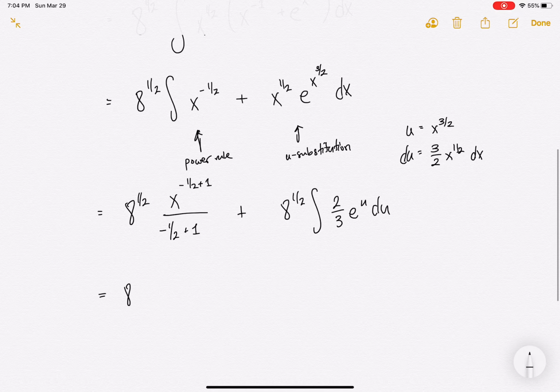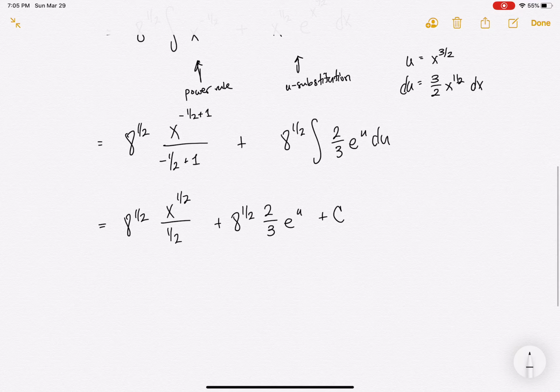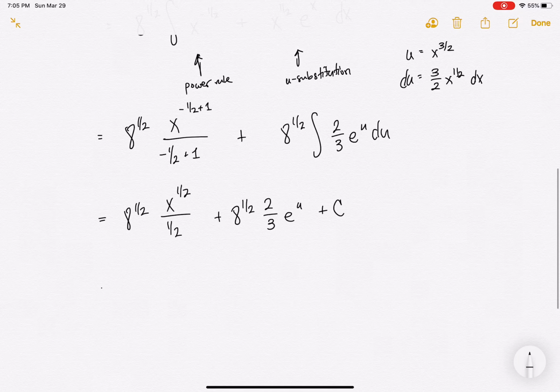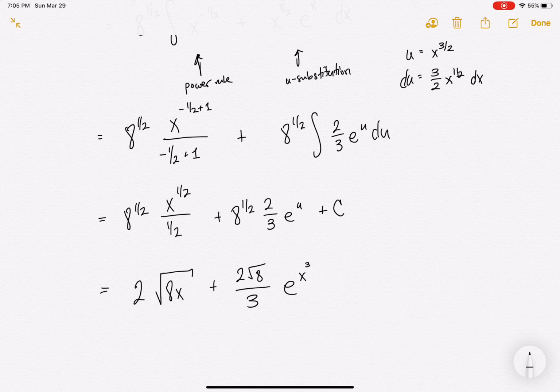So this simplifies to 8 to the 1/2 x to the 1/2 divided by 1/2, plus 8 to the 1/2 2/3 e to the u plus c, and I can substitute u back in. U was x to the 3/2. So this is really 2 square root 8x plus 2 square root of 8 over 3 e to the x to the 3/2 plus c.